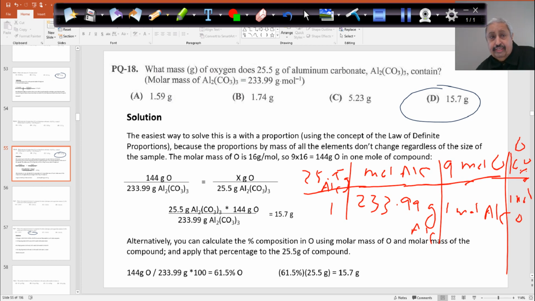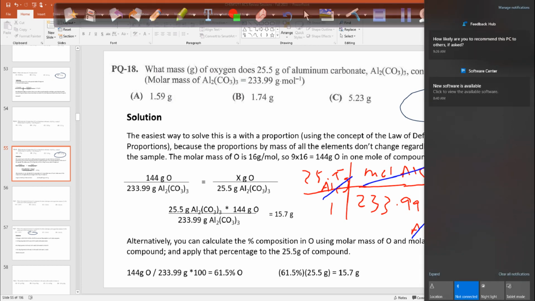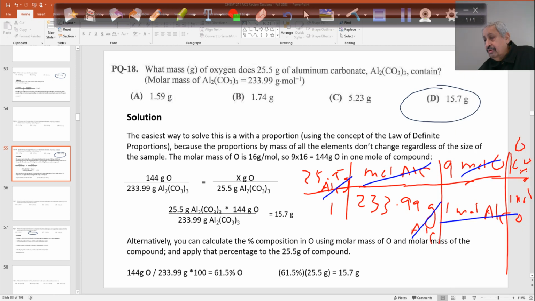You can see how nicely the units cancel out: grams of aluminum carbonate with grams of aluminum carbonate, moles of the compound, moles of oxygen with moles of oxygen. The only thing left is your oxygen. I did it a little differently, but I think the answer will be identical. Okay, guys?